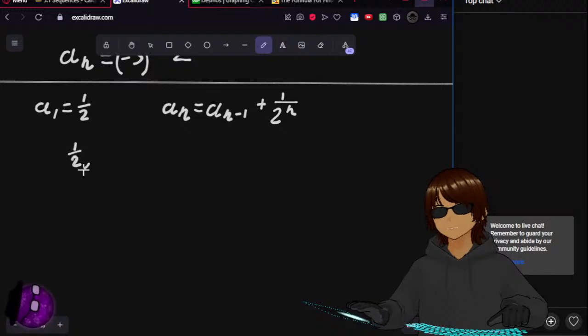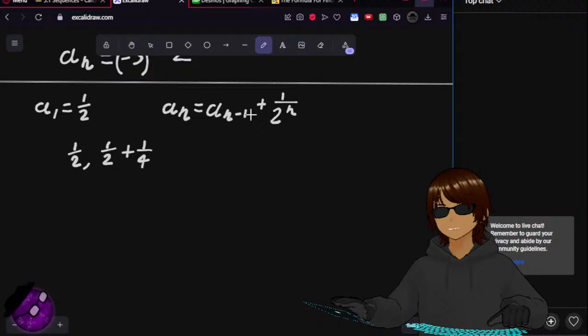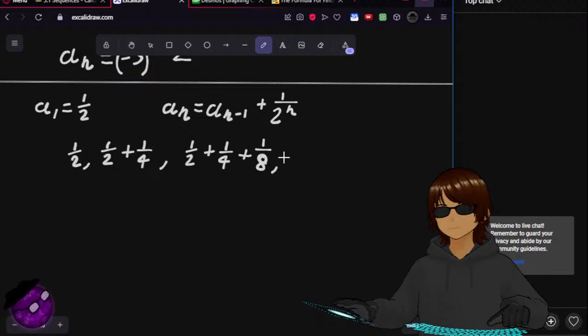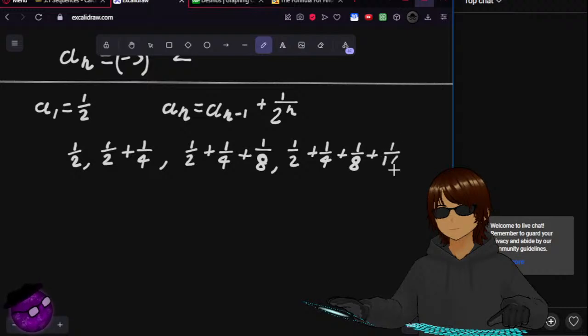So half, and then half plus 1 over 4, and then the previous term plus 1 over 8 with now n is 3, and then this, 8 times 2 is 16.